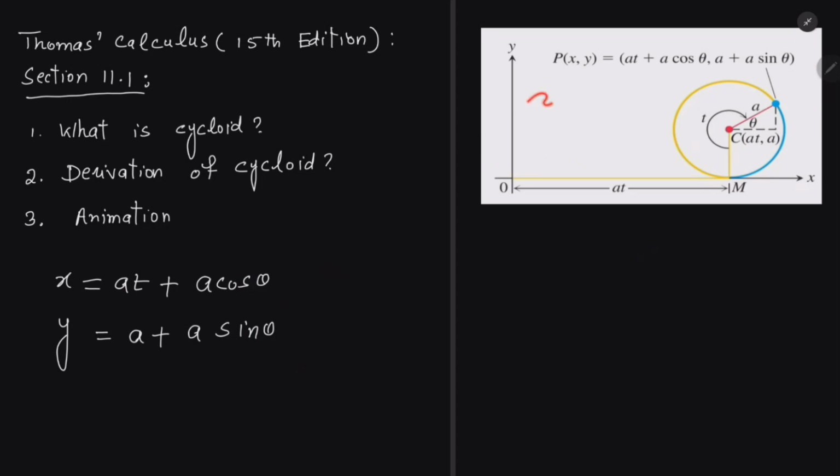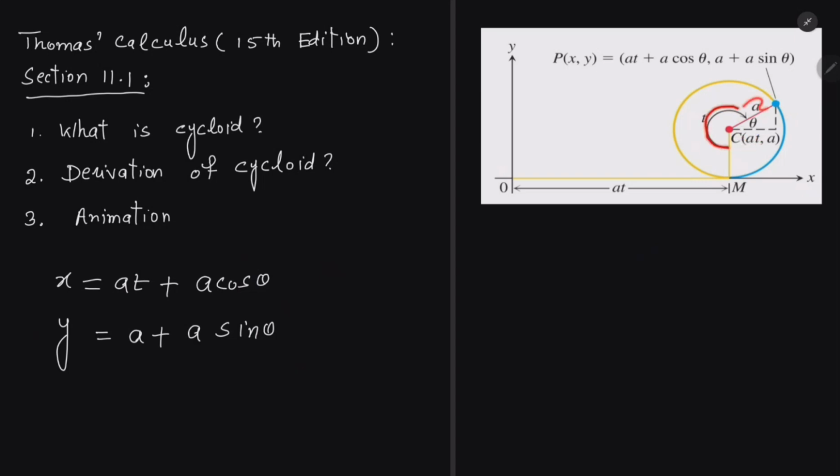I made a small circle. It should be a little bit bigger. It should start from here, then it goes like this, and so on. So it reaches over here. As you can see, this is the angle covered by this point P.